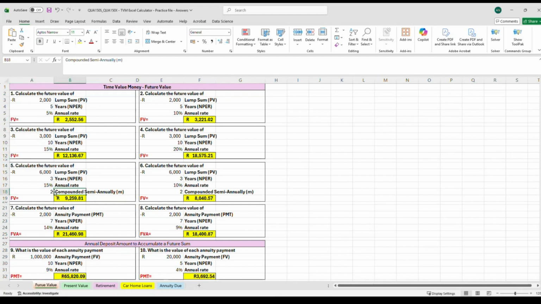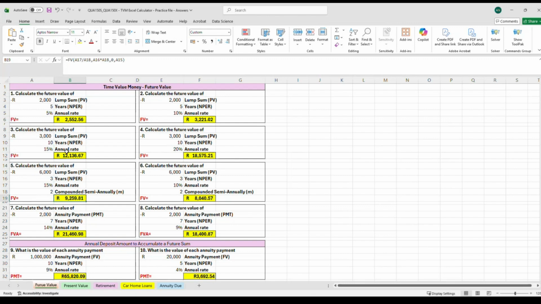But you'll always be given information. As you can see, this one doesn't have a frequency. But this one is the only one that shows a number 2 here and compounding semi-annually, meaning your investment, or the future value, is going to grow twice a year. For the others, it's just once a year because it's not in our information.